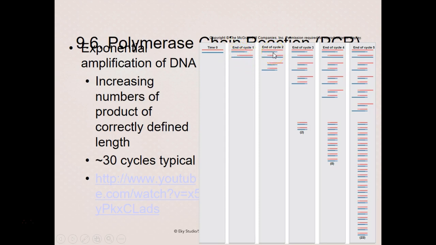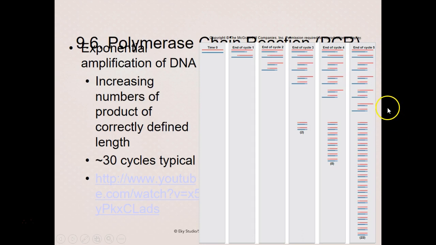At the end of the second cycle, the long strands still produce medium-sized strands, but the medium-sized strands produce these tiny strands that only contain the gene that we care about. At the end of that cycle, we now have long, medium, and small. So the long strands still produce more medium strands, the medium strands produce more small strands, and we have small strands now that produce more small strands.